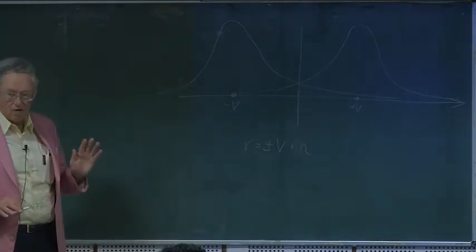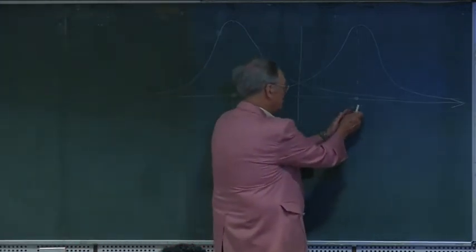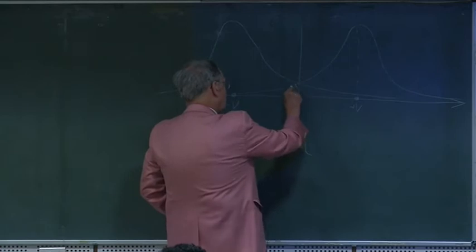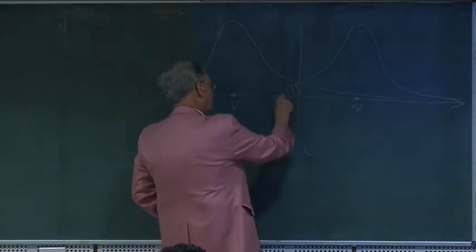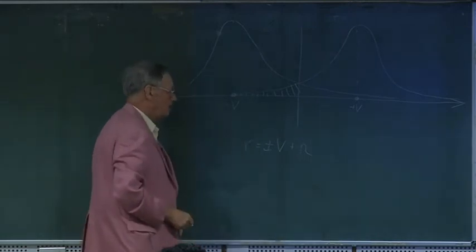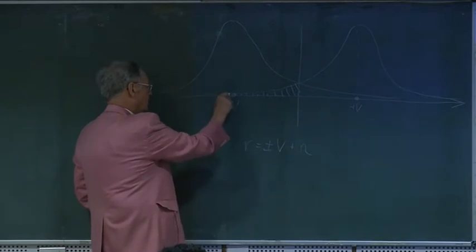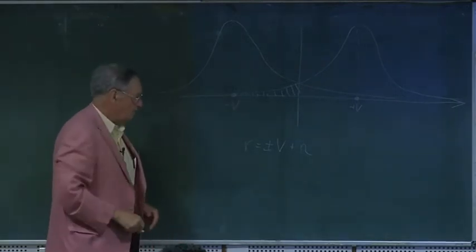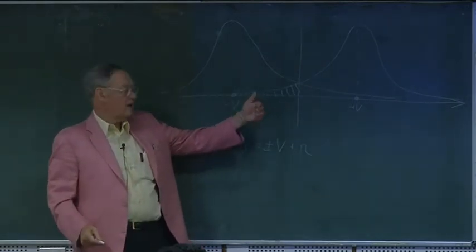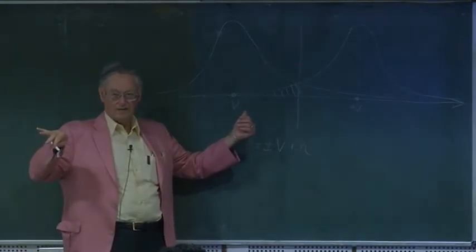But it's going to be wrong with some probability. Again, if the plus V was sent and we got a negative value, and of course this tails all the way out here, and we receive a negative value, then our estimate is going to be the wrong symbol.